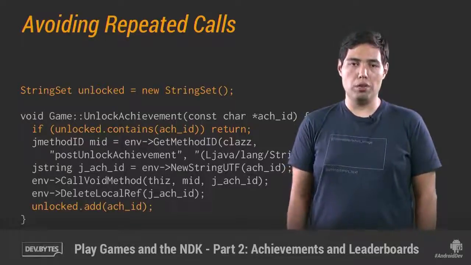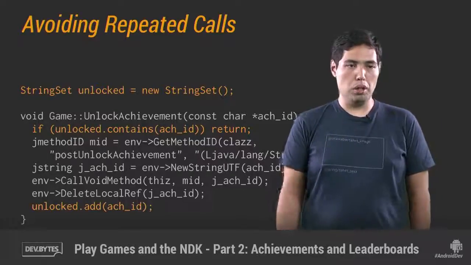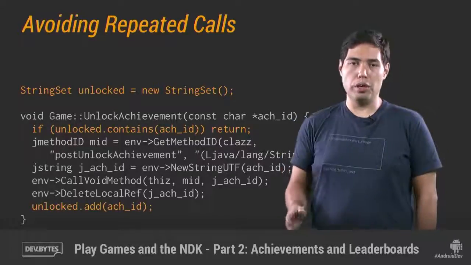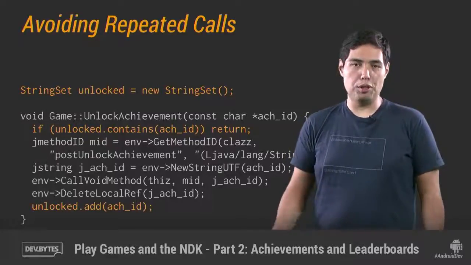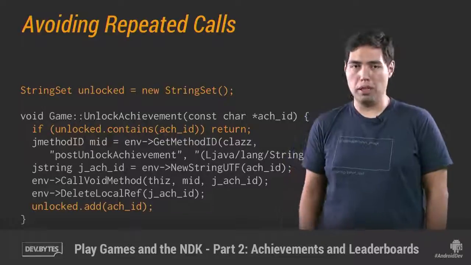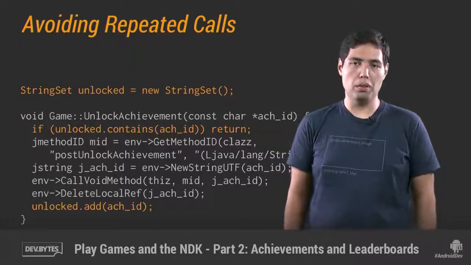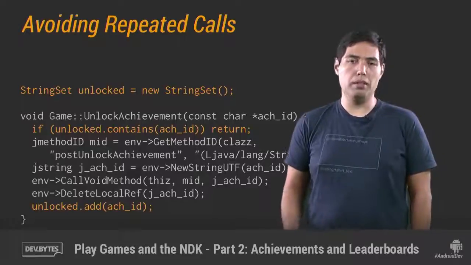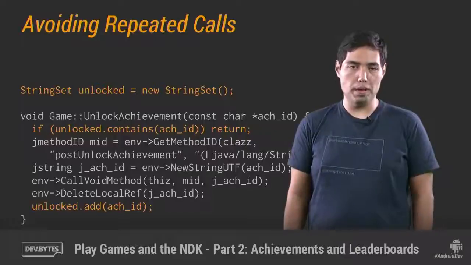Whenever you try to unlock an achievement that you know you have unlocked, you can just return and not do anything. We can do that using something like the string set class, which is great in every way except the fact that it doesn't exist. So you actually have to implement your own string set structure in C++ in any way that you wish. You can use the standard template library, or you can use your own class. The important thing is to avoid making JNI calls on every frame. This is one of the methods you can use to do that.